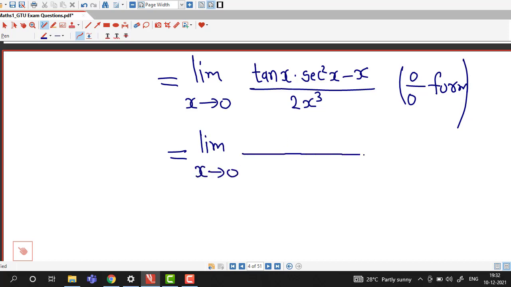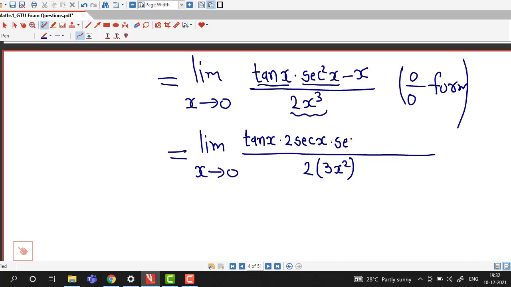So now first we differentiate this denominator, derivative of 2x cube, 2 constant, derivative of x cube is 3x square. And for derivative of this product we have to apply product rule. So we keep tan x as it is, and the derivative of sec square x is 2 sec x into derivative of sec x, which is sec x into tan x.